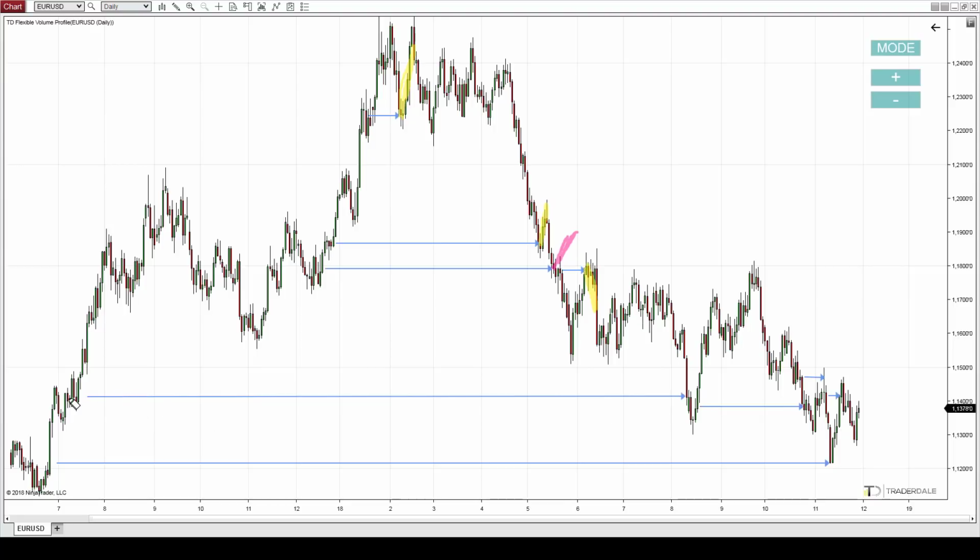Then there was a long, old one from volume cluster in this area. This one was a tight one, but in the end it ended up as a winner. Then there was a long from the same place. This one was also a pretty tight one, but it went into the profit target, so another winner. And then there was a short from this area.